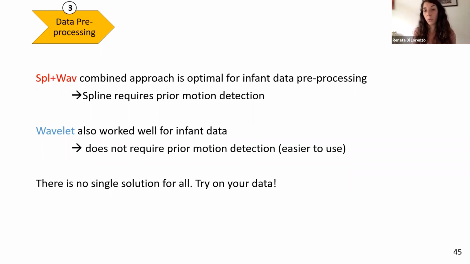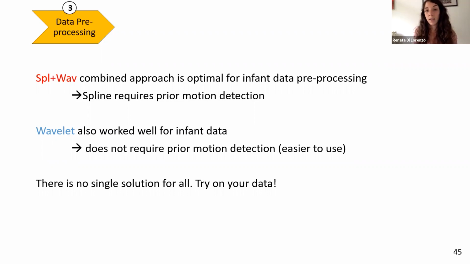Wavelet also seems to work well in infant data, at least what I showed you in the first data set, the semi-simulated data set. And the good thing is that it doesn't require prior motion detection, so it's easier and faster to use. However, there is no single solution for all. So you need to look at your data, spend time, look at the artifacts and try.